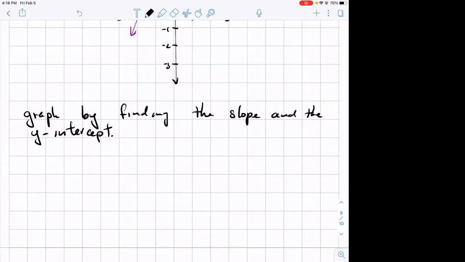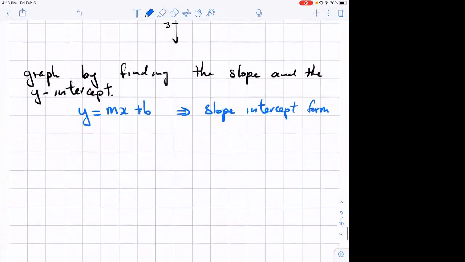Now, earlier we said that y equal mx plus b is what we call slope intercept form. Okay? And in this form, when an equation is written in y equal mx plus b, y must be by itself.